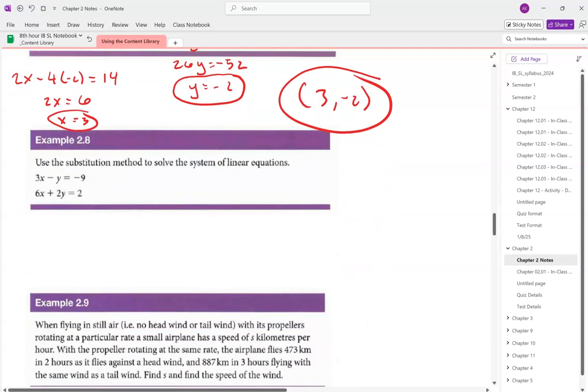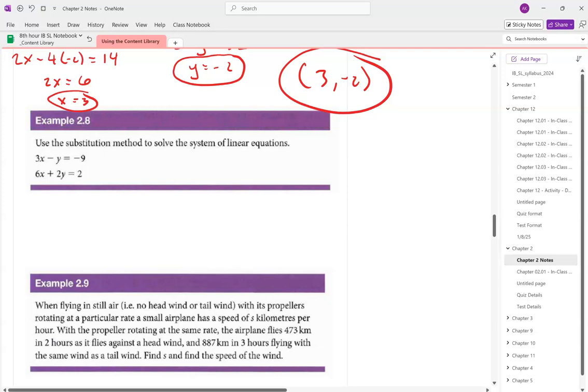Okay. How do I do substitution? Great. Which variable would be the easiest one to isolate? Y. Good. When I get the y by itself, what do I get? I like that answer better. All right.